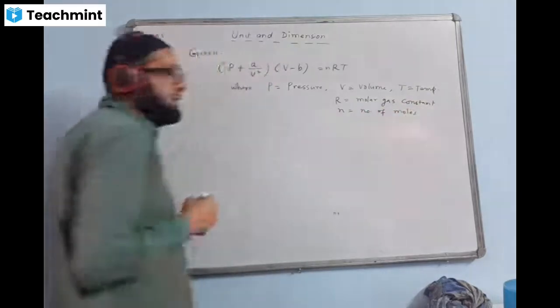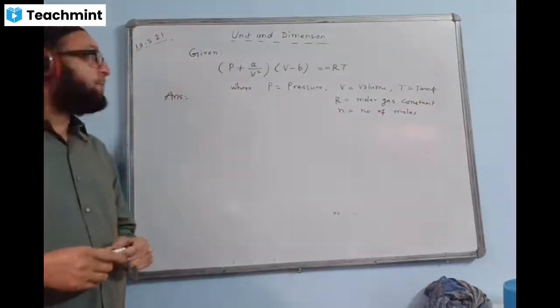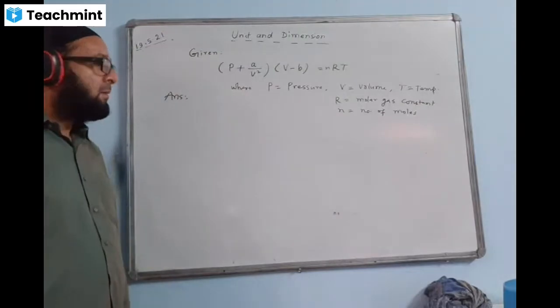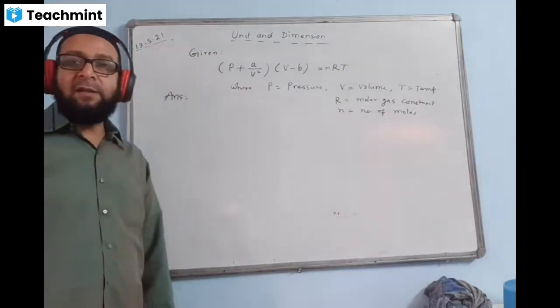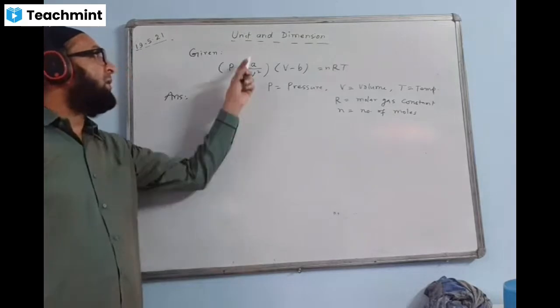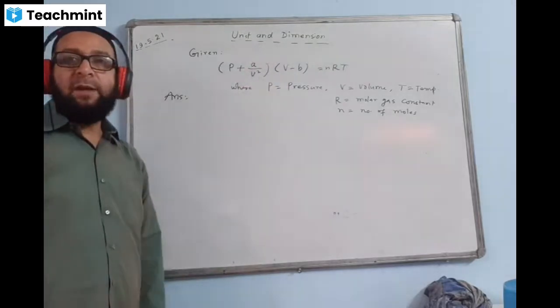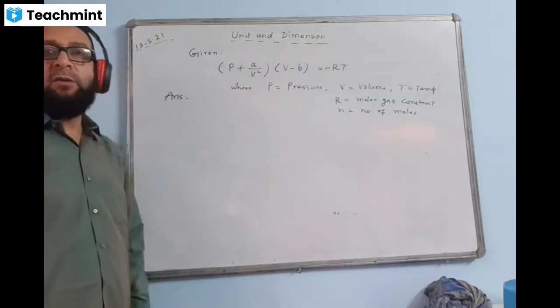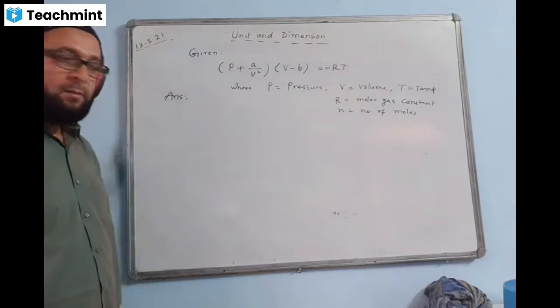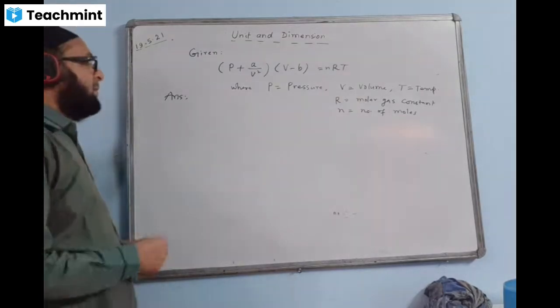These are the things mentioned in the question. The question says find the dimension of a and b. Done? Okay, tell me the answer.